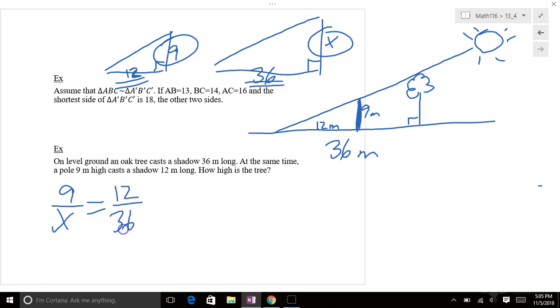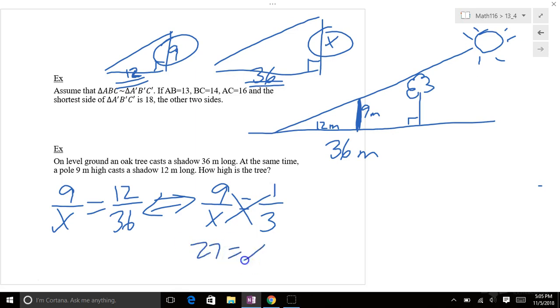I'm going to simplify. 12 over 36 is 1/3. 12 divided by 12 is 1, 36 divided by 12 is 3. And then I'm going to cross multiply. So 9 times 3, 27 equals 1 times X is X. So it looks like that tree's 27 meters tall.